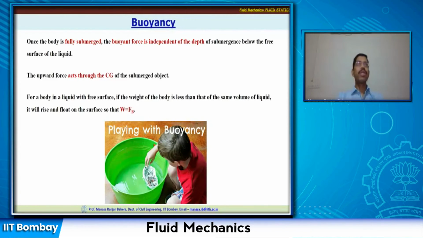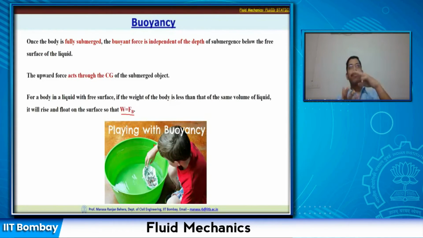The upward force acts through the center of gravity of the submerged object. And for a body in a liquid with a free surface, if the weight of the body is less than that of the same volume of liquid, it will rise and float on the surface, so that finally the condition W equals Fb will be satisfied. So the buoyancy force is acting upward and the weight of the body is acting downward.